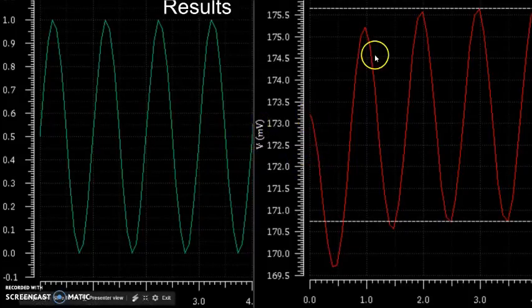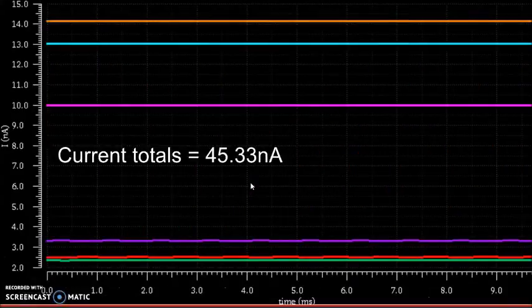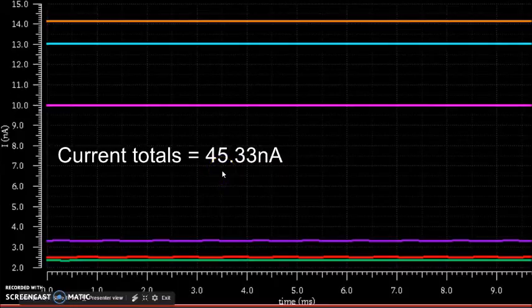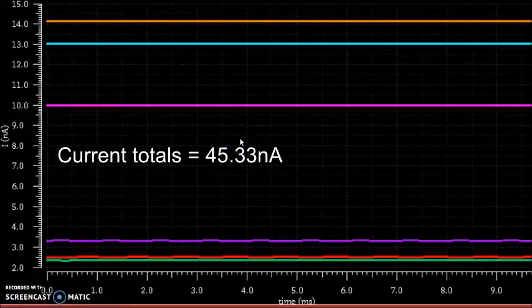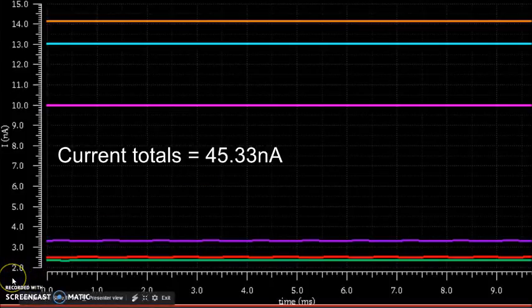Now, the output voltage takes a little time to get up to its maximum values, but when it does, it gives us about a 5 millivolt output, giving us a gain of 5. Now, the total currents running through all the branches add up to about 45 nanoamps. With such a low current flowing through it, that gives us about a 45 nanowatt power consumption with a gain of 5 volts. Now, let's compare that to the bulk-driven topology.